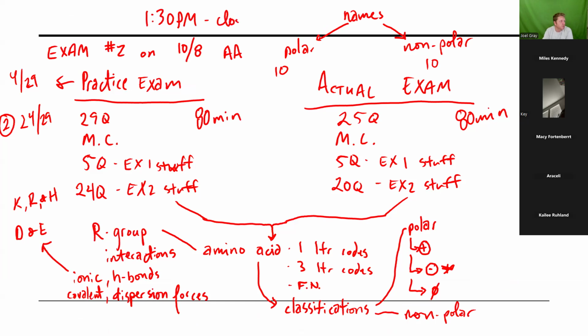It closes at 11 p.m. And if I remember correctly, nobody really encountered any issues that prevented them from taking the exam. If you have encountered an issue and you haven't resolved it, please contact me so that we can resolve it before Tuesday. I want this to be a seamless experience for you. So your exam opens at 1:30. You have 80 minutes for it.